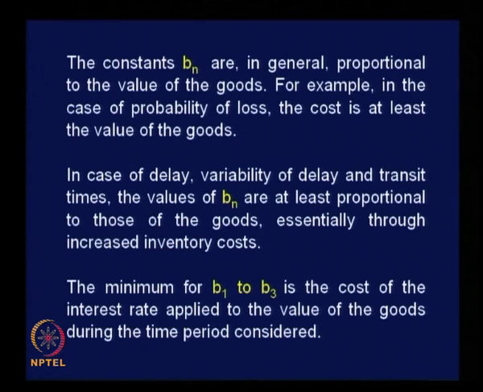Okay, even though in urban transit it is not going to be very significant, still you can work out the cost of the time based on the interest rate. Annual interest rate you can work out, then daily rate, hourly rate, then you can find out the money value of the time of goods transportation. Have that as a minimum value for these coefficients.